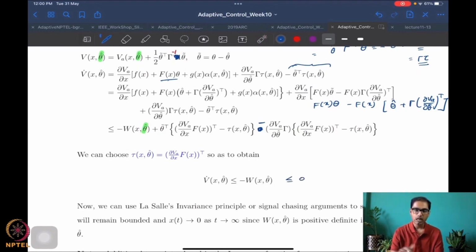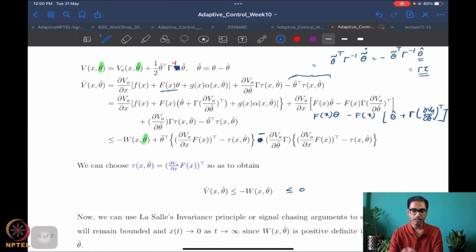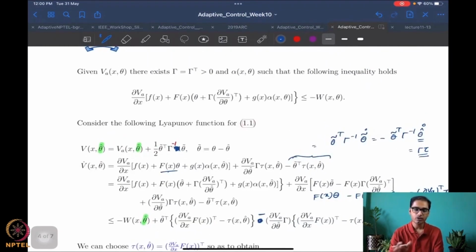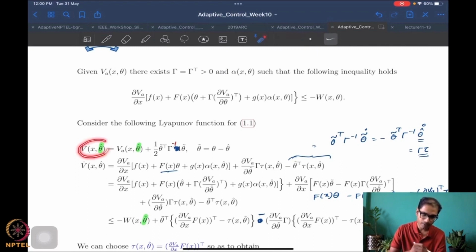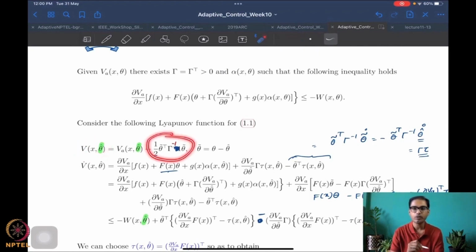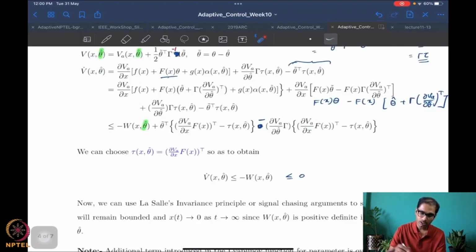Notice, why was it negative definite earlier? Because theta was not a state, it was just a constant parameter. But now theta cap is in fact a state, right? Because it appears in the Lyapunov function also. Therefore, this is no longer definite, but it is negative semi-definite, right?